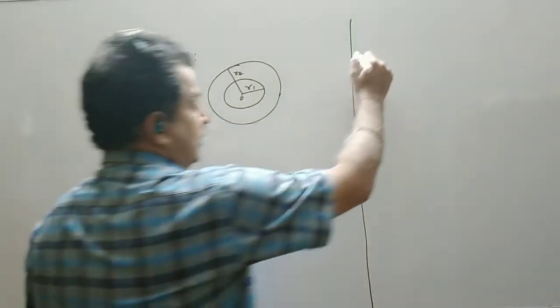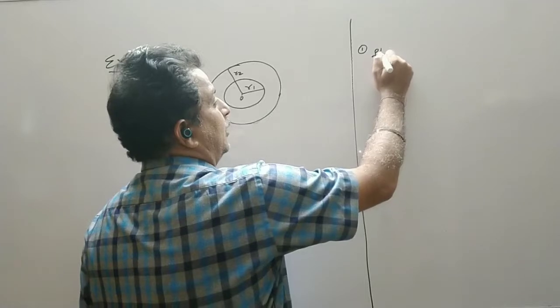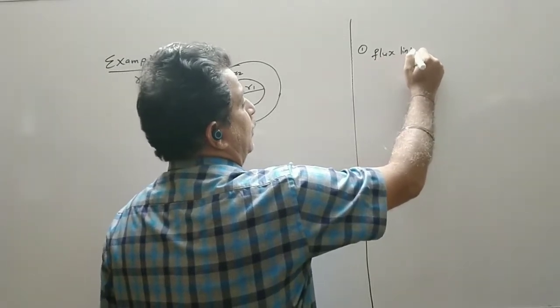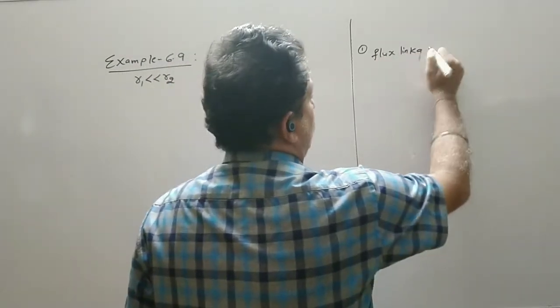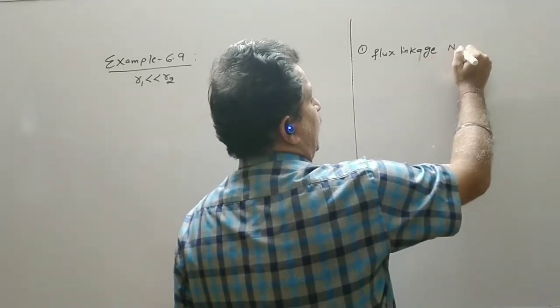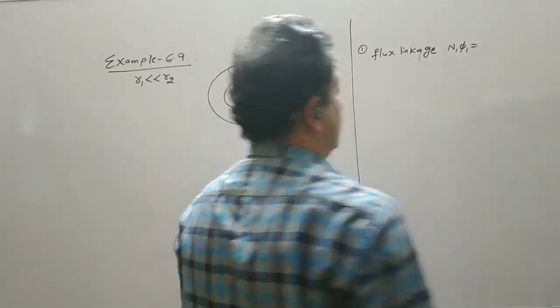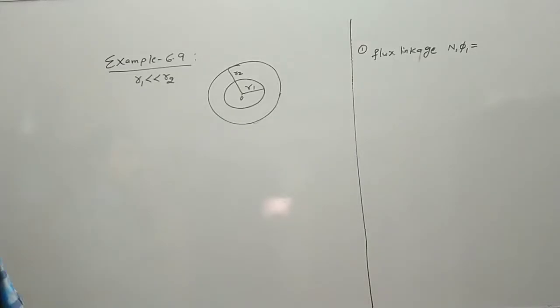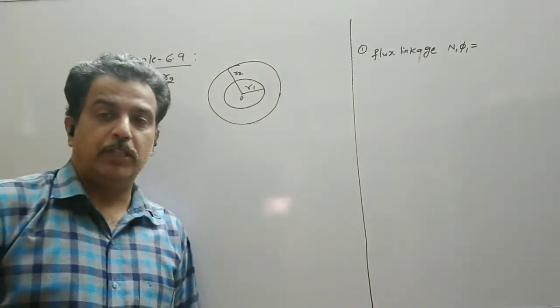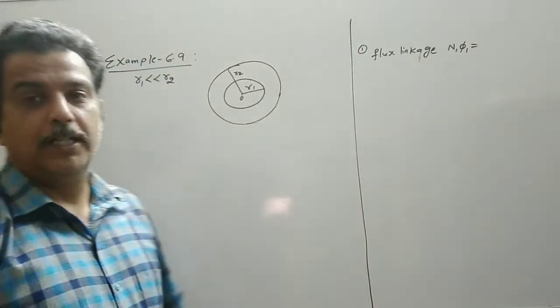So the first thing you should remember is the flux linkage. Flux linkage means the total flux linked with any coil or any solenoid.